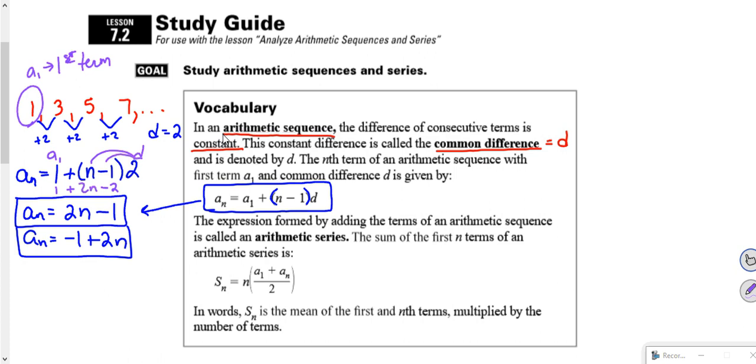Now we talked last time about sequences being numbers in some kind of pattern. An arithmetic series, if you remember when we talked about series, involves summation. The sum is where you add up. We had that sigma notation, if you remember that from the series. So for arithmetic series, this is our formula for the sum of n terms.